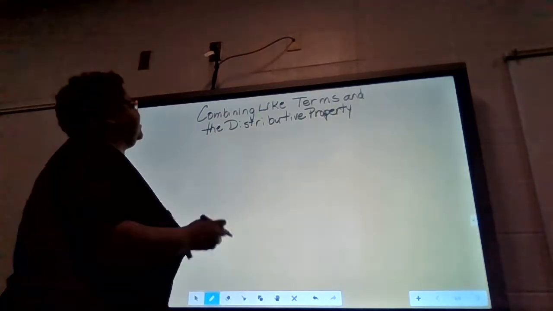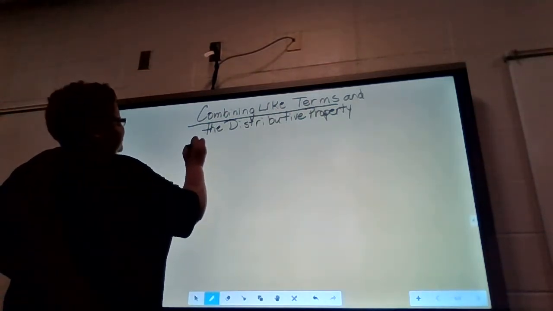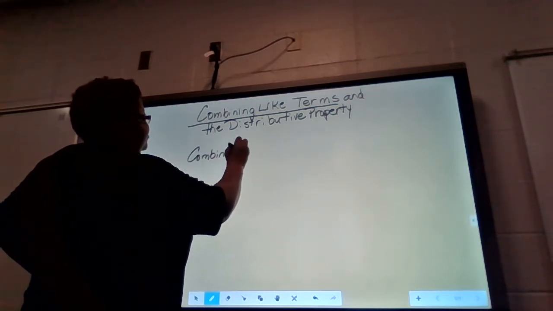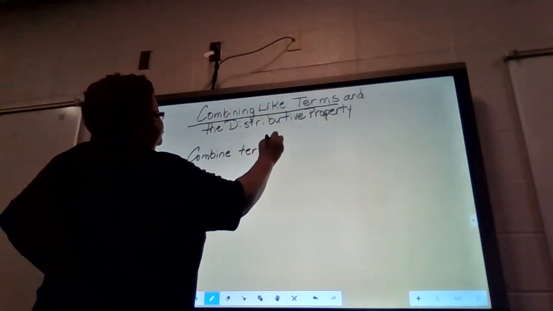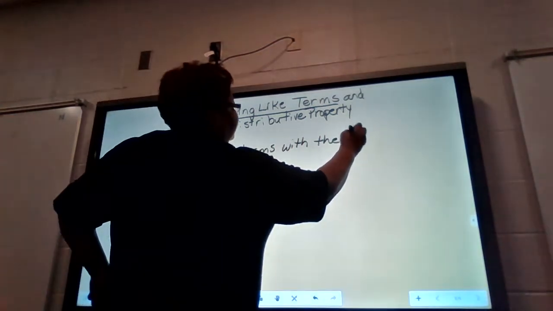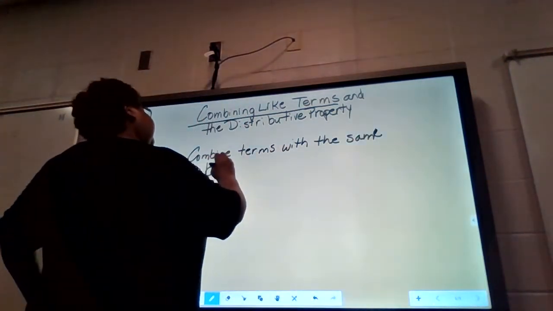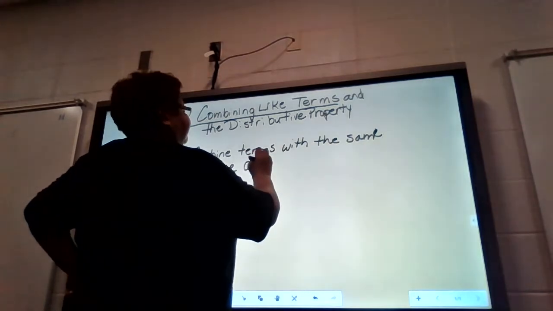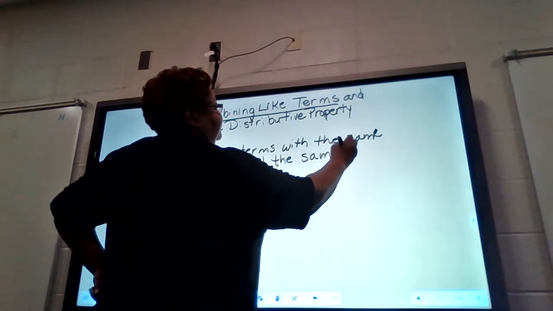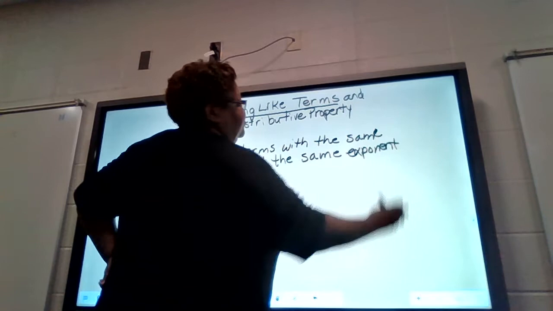Okay, combining like terms. That's the first thing we're going to do. You can only write this down: combine terms with the same base and the same exponent.